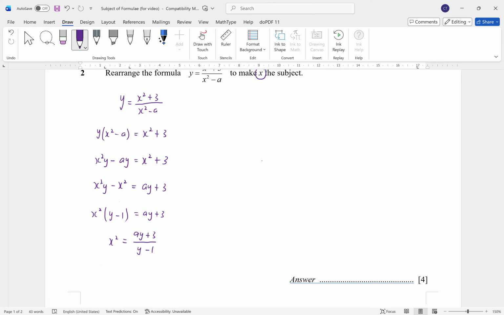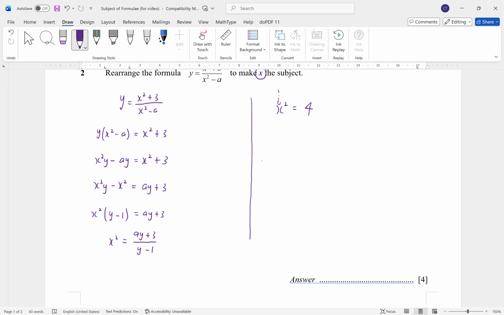But the answer is not looking for x squared. We want to make x the subject. So now let's go back to this and discuss how we can complete this question. If x squared is, let's say, 4, we need to ask ourselves what number you square to get 4.